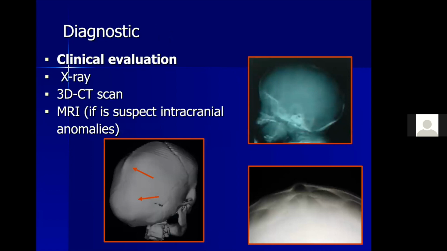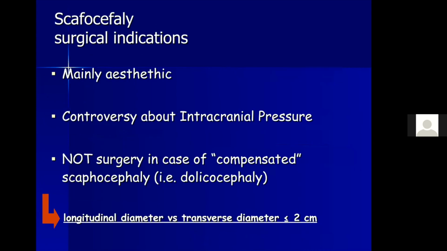The diagnosis is just clinical, but in this slide, I show you some radiological aspects in which you can see this ridge of the synostotic suture. The surgical indications for scaphocephaly are mainly aesthetic.